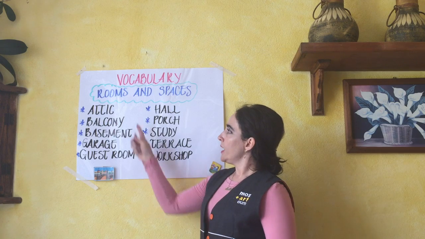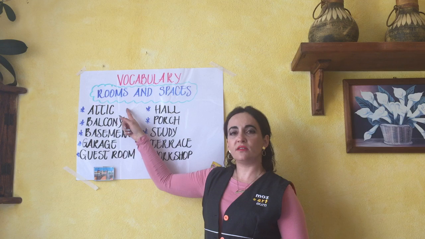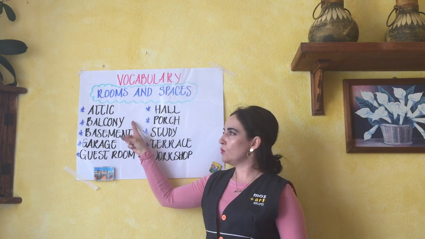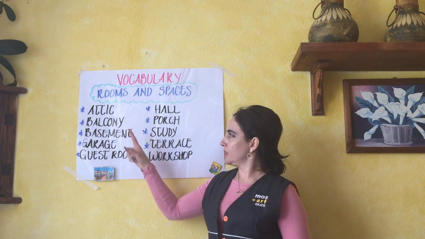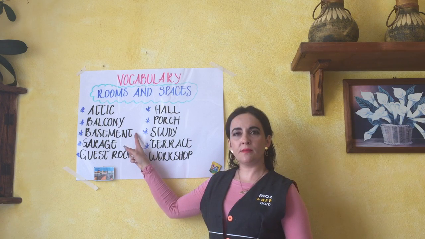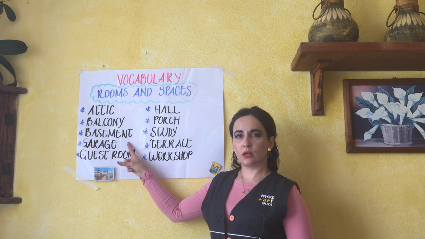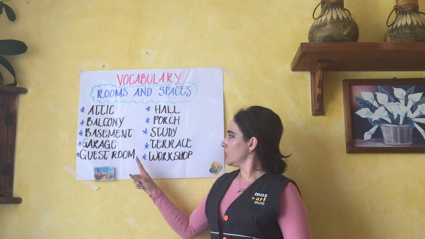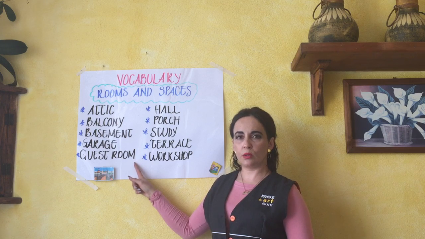Okay, the first one is attic. Attic, with double T. The second word is balcony. Balcony. The third word is basement. Basement. The fourth word is garage. Garage. The fifth word is guest room. Guest room.